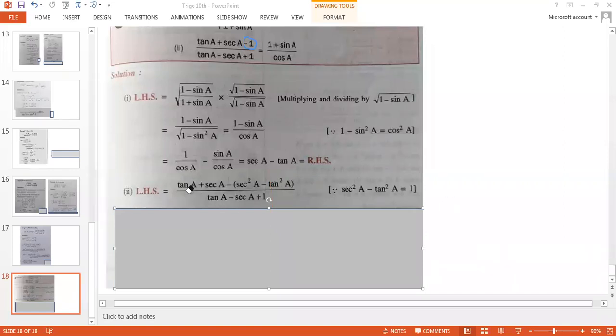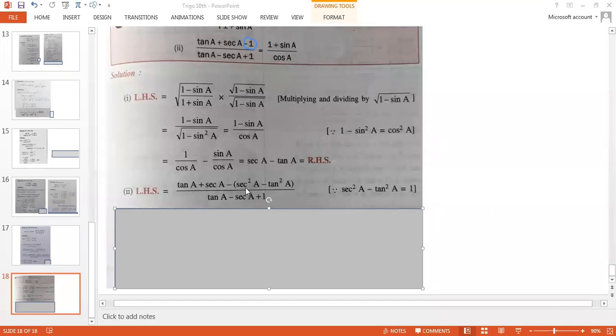Okay, what we did? Tan A plus sec A minus, this 1 that was there, we substituted it with sec square A minus tan square A, and the whole thing upon tan A minus sec A plus 1. I hope, student, you understood this step perfectly. And now it's time to think about what this sec square A minus tan square A is.